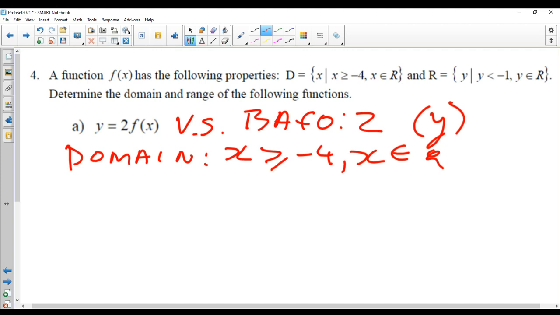How about the range? Well, the range used to be that y is less than, but not equal to, by the way, less than minus 1. What do you think happens to that range? Okay, AJ. You times the range by 2.